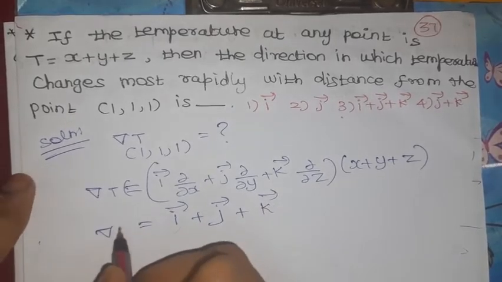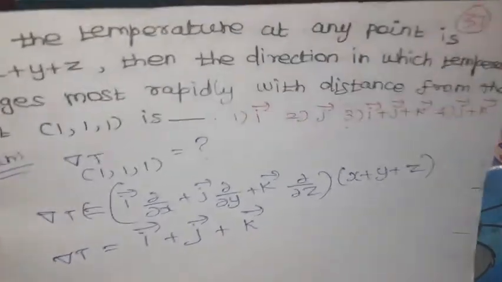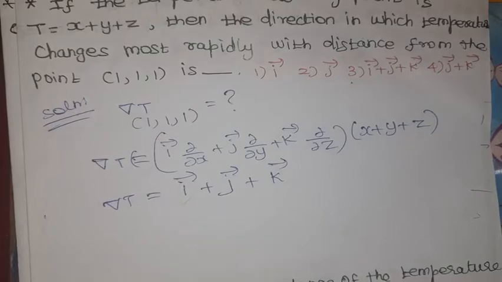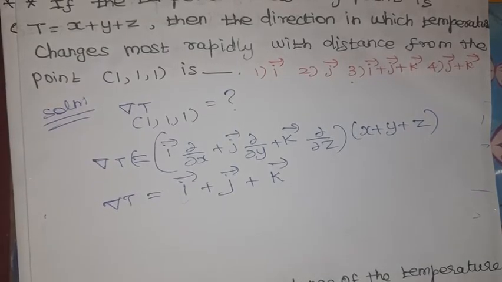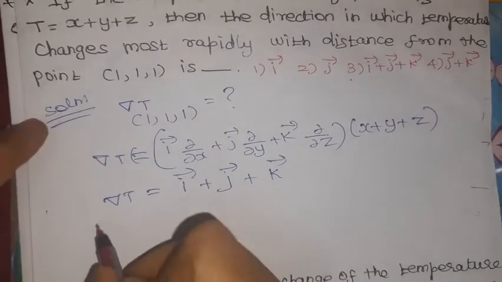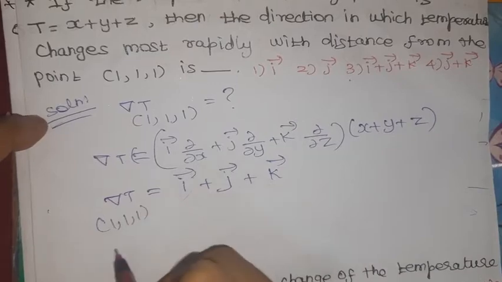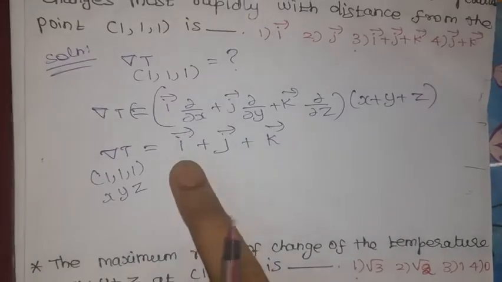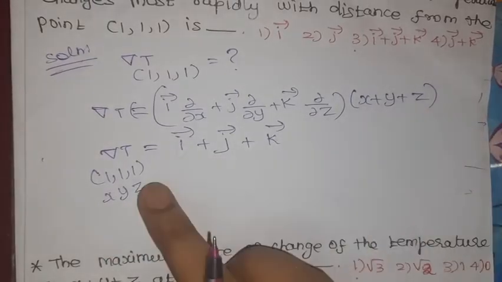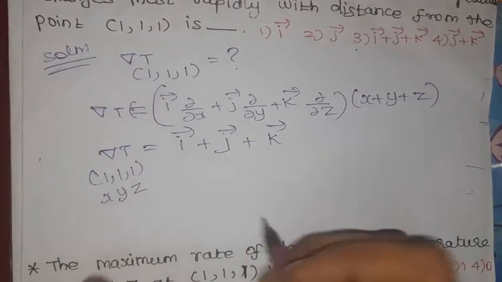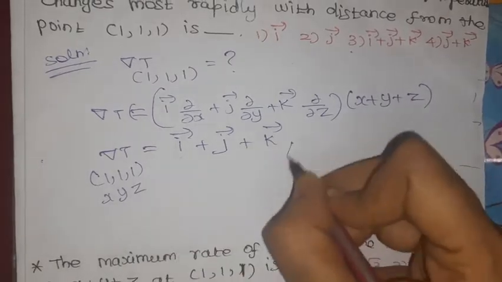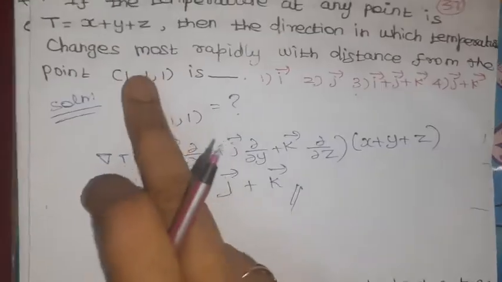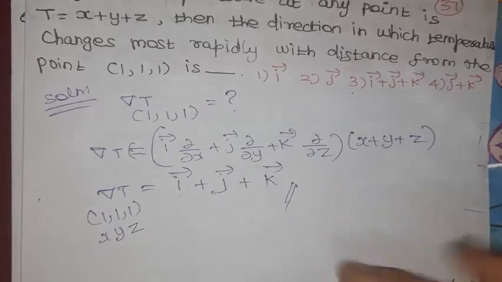So this is del T: i plus j plus k. The point is also given, so substitute values for x, y, z. But there is no x, y, z, so simply del T, no need to substitute. Del T at this point is i plus j plus k. So in this direction, the temperature changes most rapidly.